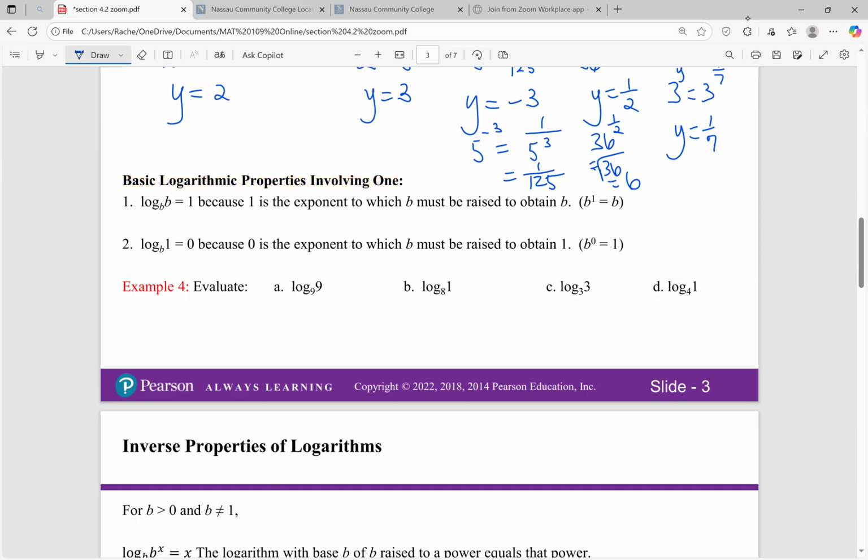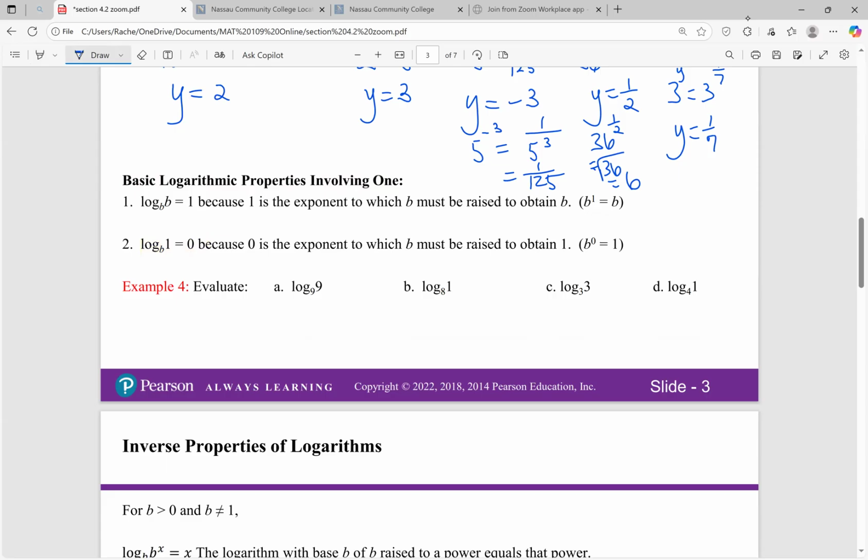And then if we have log base b of 1, that's going to be equal to 0, because 0 is the exponent to which b must be raised, right? B to the 0, and remember, a to the 0 equals 1. So any base to the 0 is going to be equal to 1.